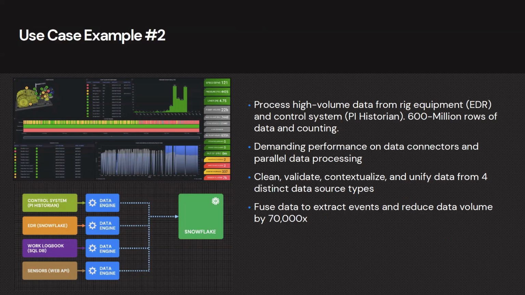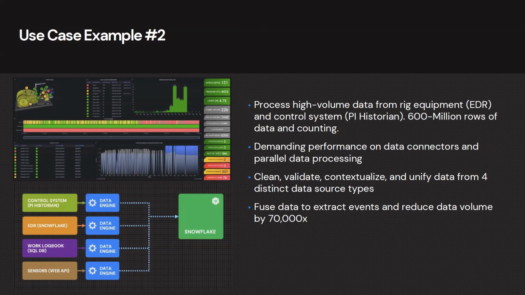Every single machine is blasting data. And in the second half of 2023, we processed over 600 million rows of data, and that number continues to grow. So this puts a lot of demand on the data connectors that are getting data from the data sources, but also putting data into the data sinks.